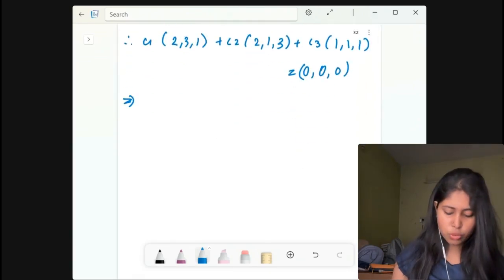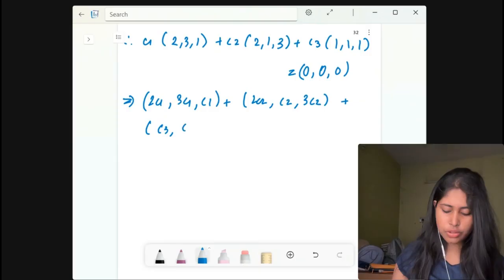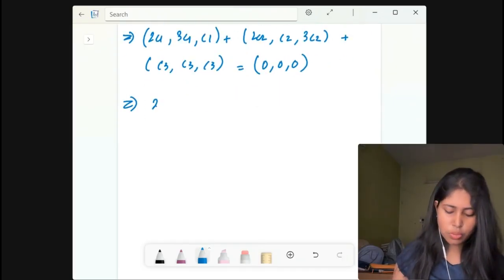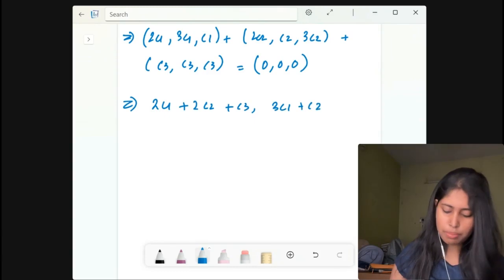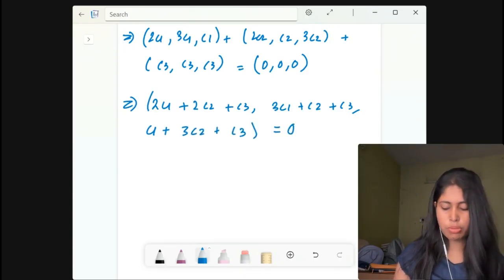All right, now you will expand it term by term. What do you get? (2c1 plus 2c2 plus c3, 3c1 plus c2 plus c3, c1 plus 3c2 plus c3) is equal to (0,0,0).